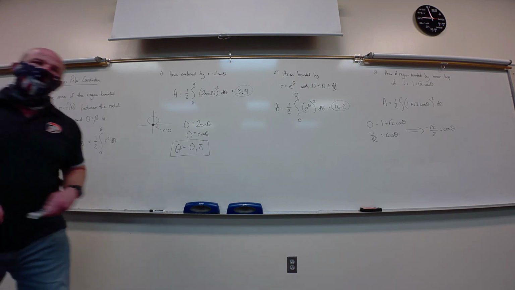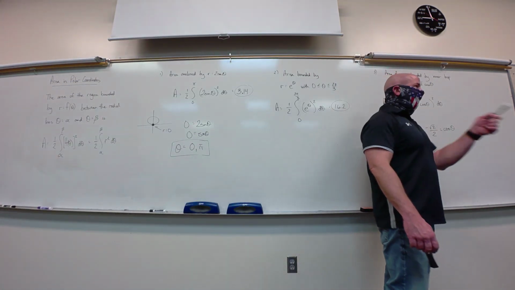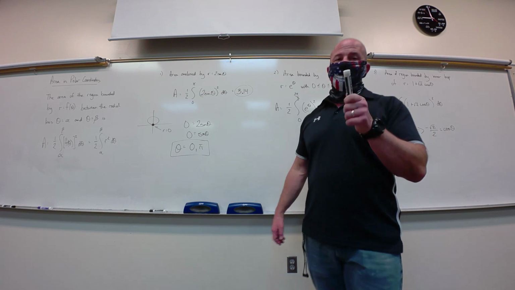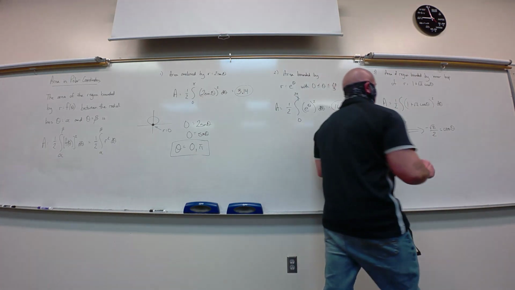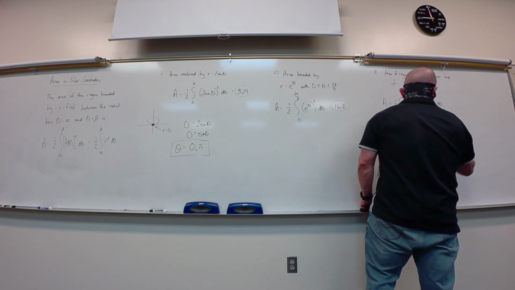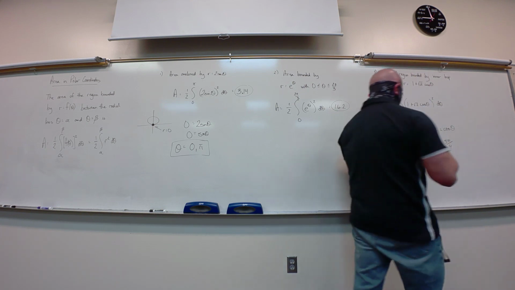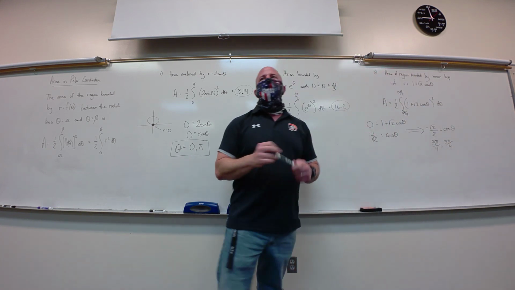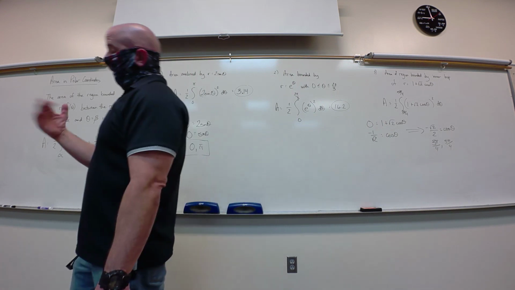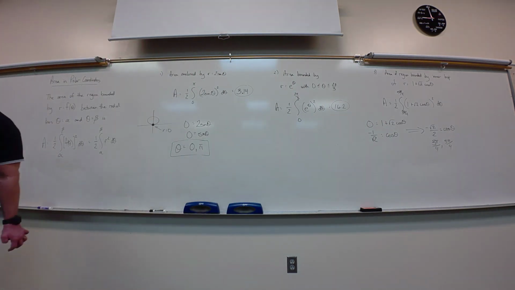Pi fourths. Where is cosine negative? Second and third. So that'd be 3 pi fourths and 5 pi fourths. Why did I put 3 pi fourths on the bottom? That's the smaller one. We go from the smaller to the larger. That's not new to us.